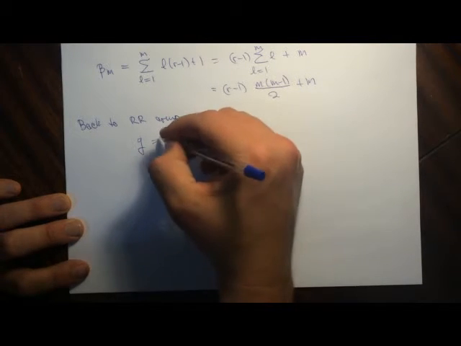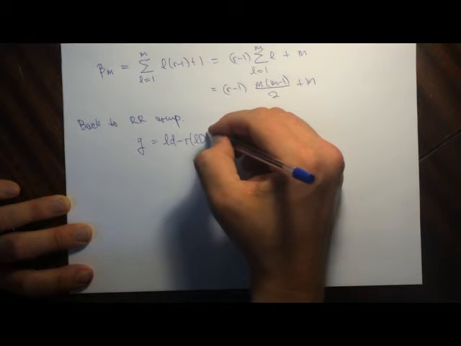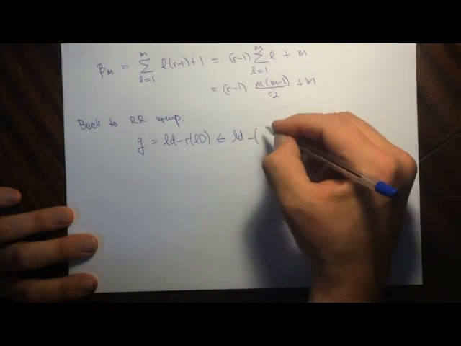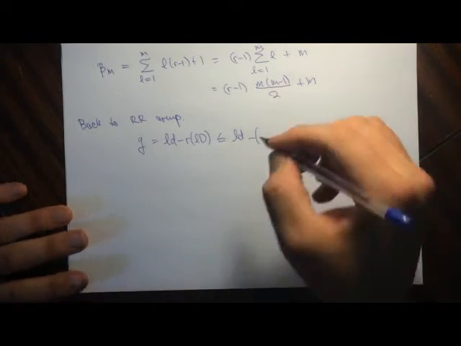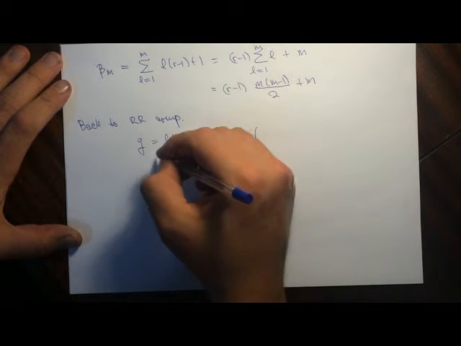G is equal to LD minus RLD, so this is less than or equal to LD, and then we have our lower bound, where L is equal to M in this case.